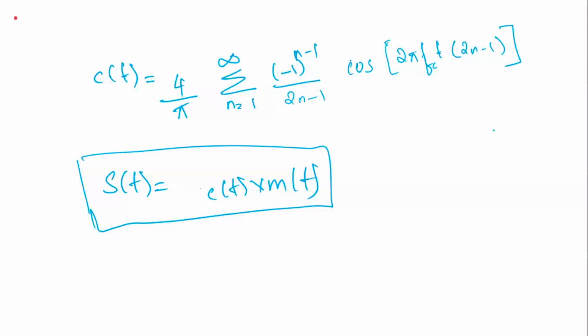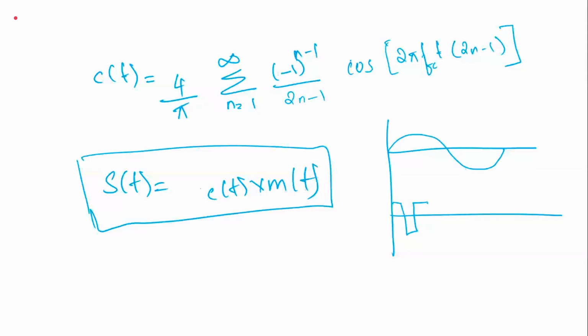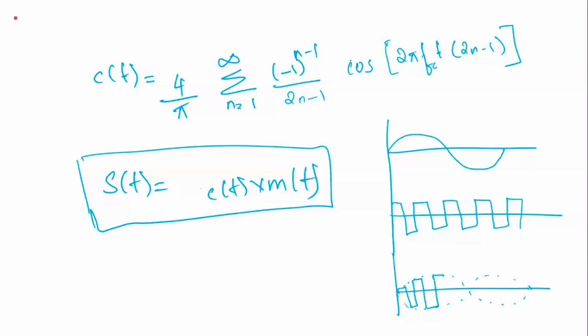This waveform will be something like this: this is the message signal, this is the square wave carrier, and the modulated output will be like this.